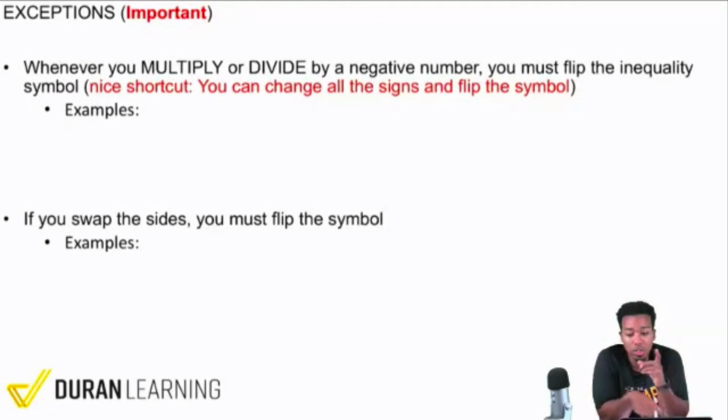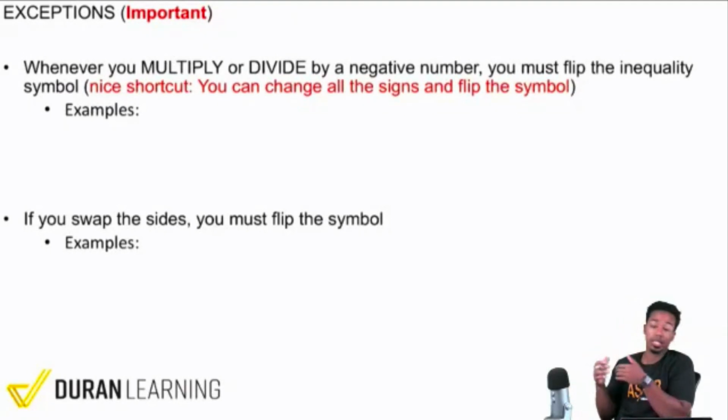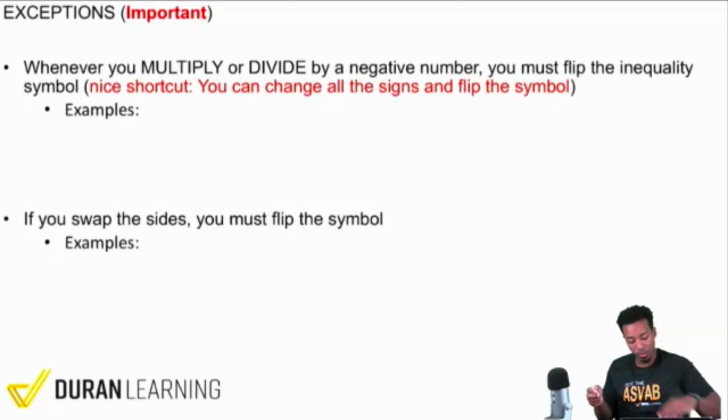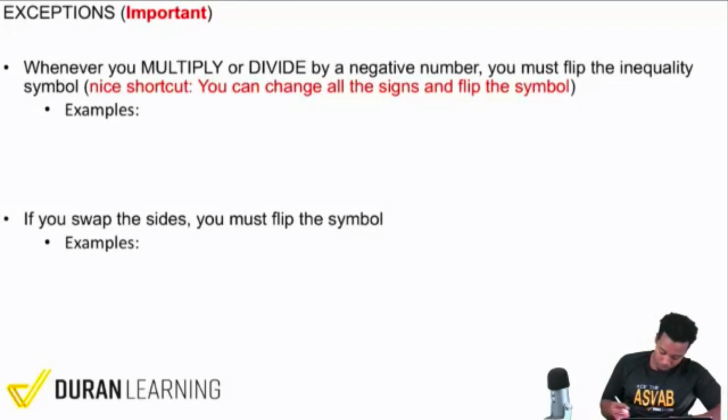So let's go ahead and backtrack to that one problem that I told you from the beginning. Hey, this might prove to be a little rough for some people. So here's an example. Let's say we have negative X is greater than 5.